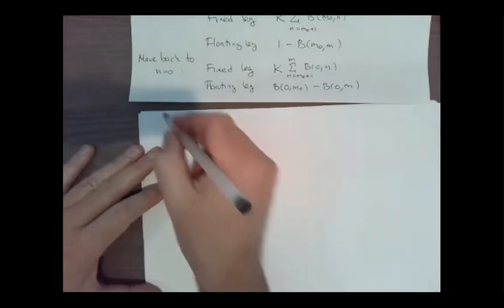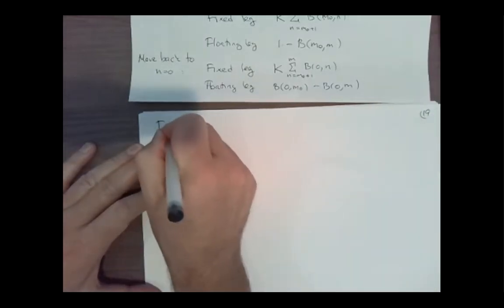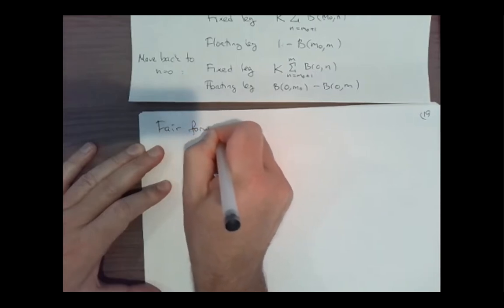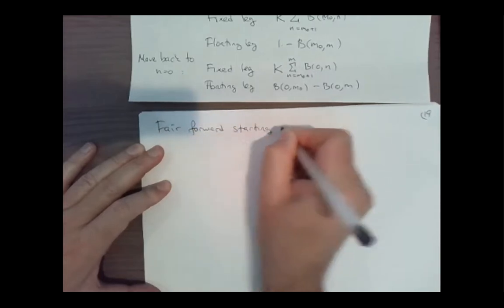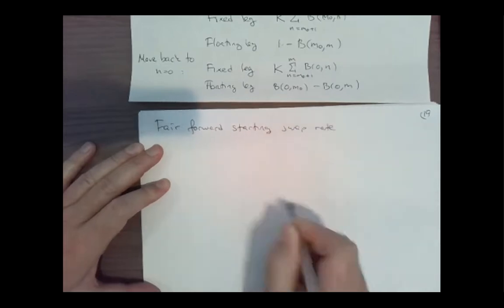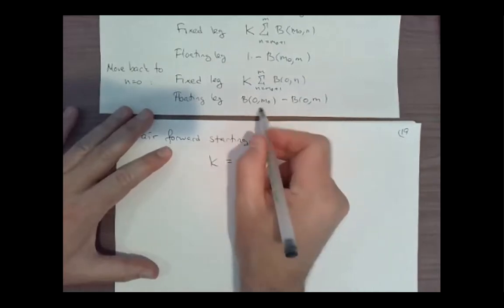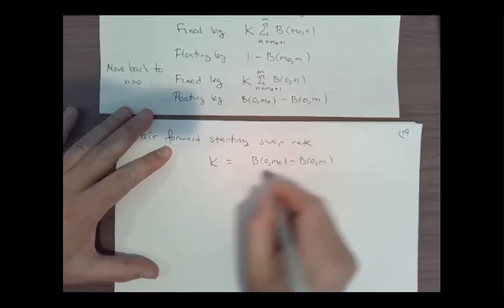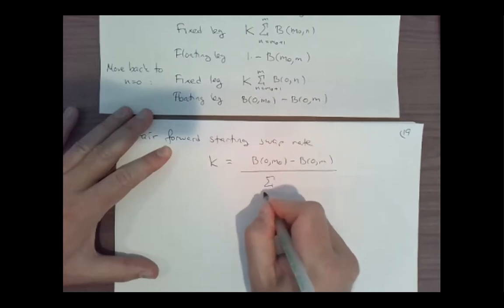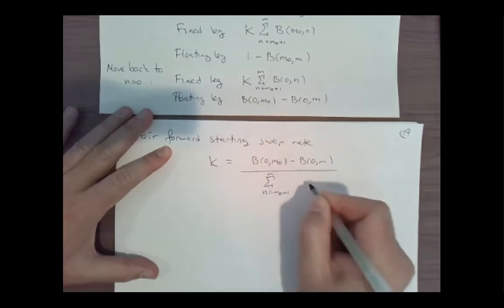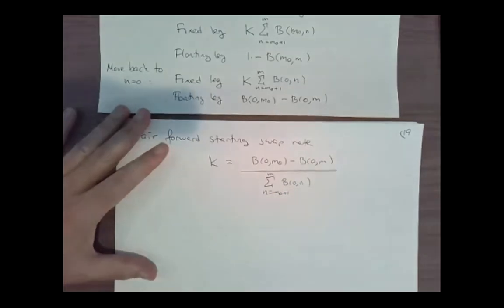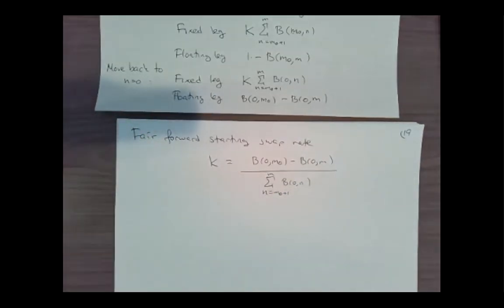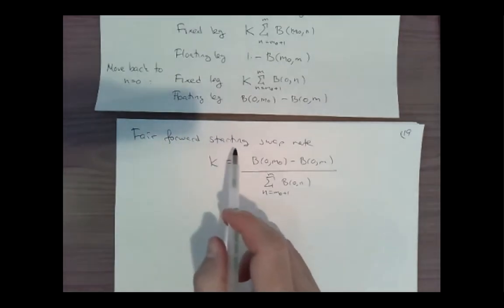So the fair forward starting swap rate is going to be equated to k, which is equal to that difference, b0 m0 minus b0 m, divided by that sum from m0 plus 1 to m of b0. That is the fair forward starting swap rate.